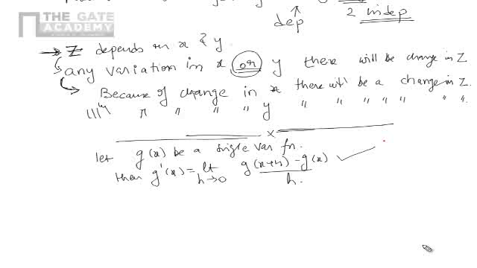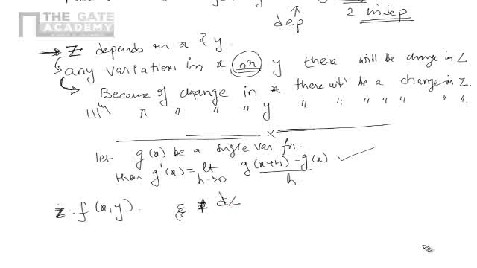Now let us come back to our problem. We have z is equal to f of x comma y. Then what do we mean by z is a function of x and y? Then what do we mean by dz?